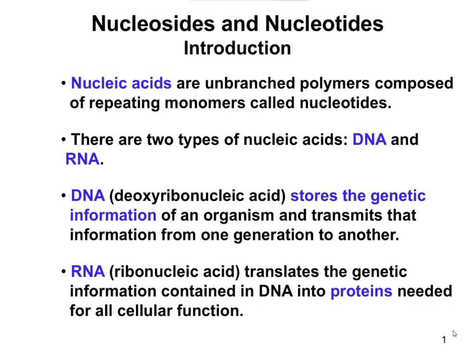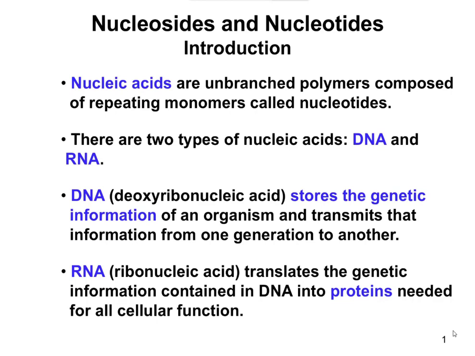So DNA is deoxyribonucleic acid. That's the stuff in you that stores your genetic information, and that you can also transmit whenever you have a kid, for instance. You transmit some of your genetic information to your offspring.